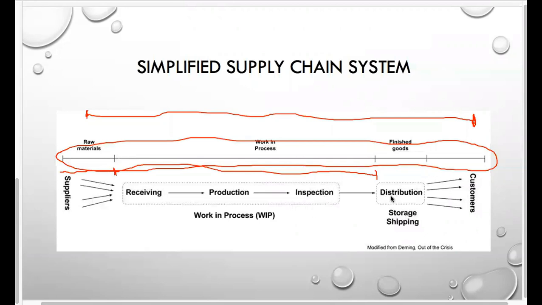If it takes 27 days to go from the time that the product starts to be made to the time that it is received by the customer, then you can start to attack various parts of this to understand where we could decrease lead time.